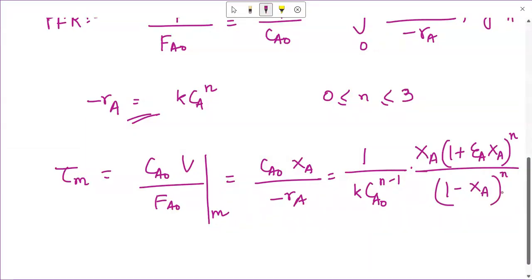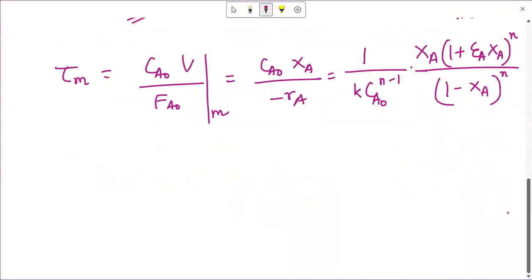Here I have not stuck to a constant density system; I have taken epsilon A not equal to 0. Accordingly this expression has been drawn.